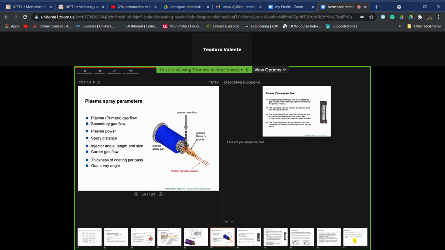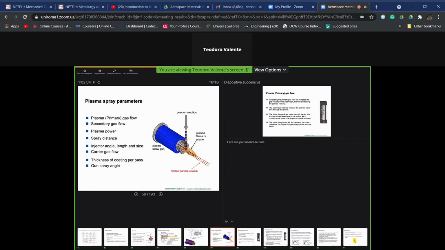Primary with the meaning I told before: if we use a mixture of plasma gases, the primary plasma gas is that gas which is present at a higher percent. And also the secondary gas flow is important. Secondary gas for the plasma formation, when used.